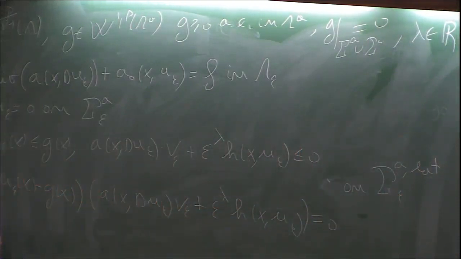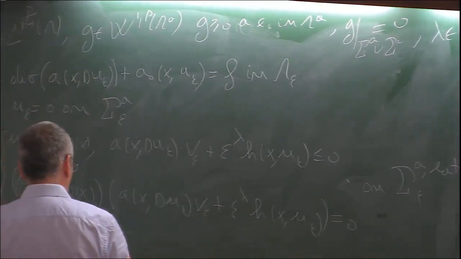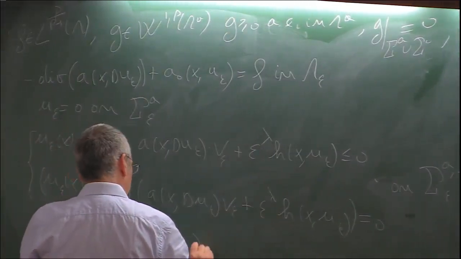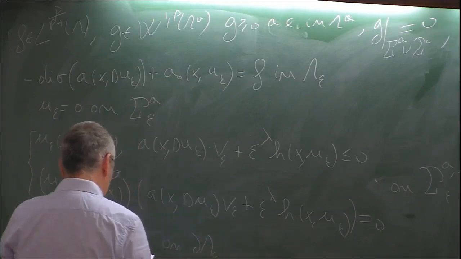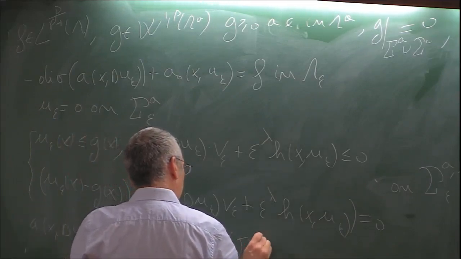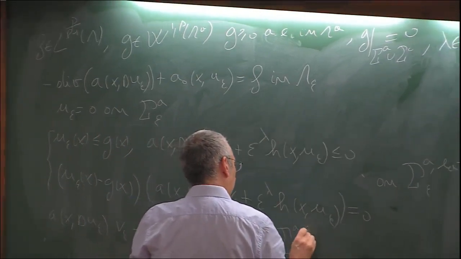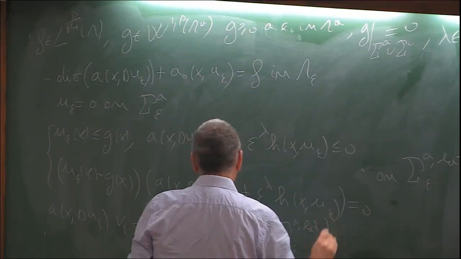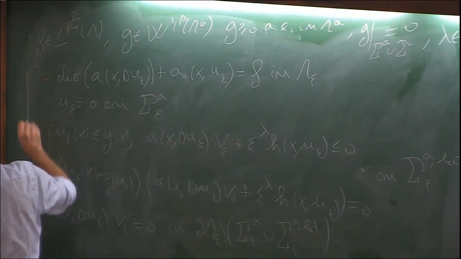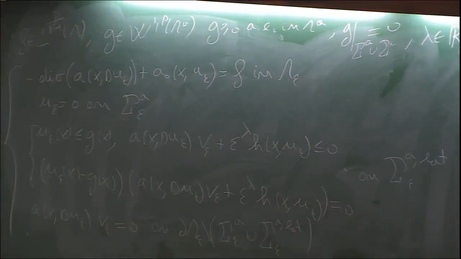And finally, A of x gradient of u epsilon dot nu epsilon equals 0 on the boundary of omega epsilon minus the sigma A epsilon, on sigma 0 lateral epsilon. Let us comment on these problems.